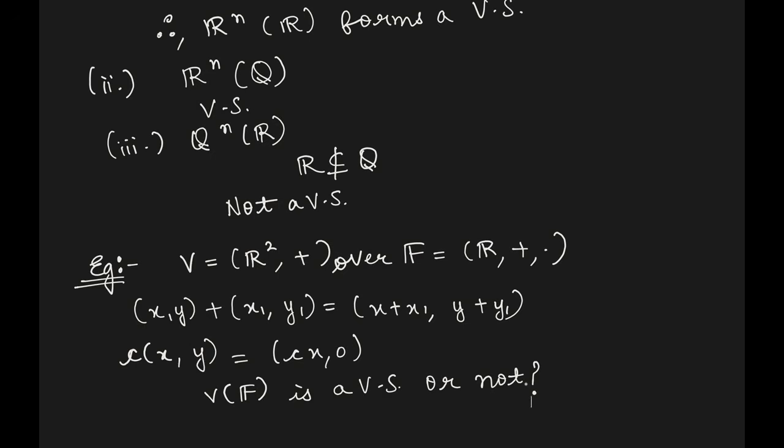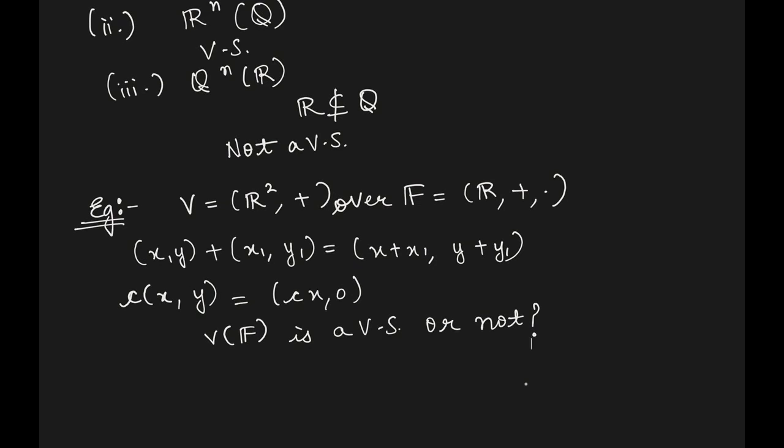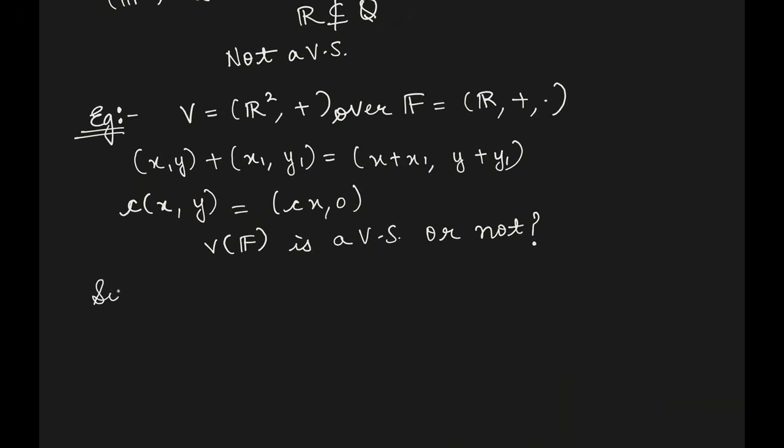So this is a vector space over F. No, it will not be a vector space. So firstly, R square with respect to addition will be an abelian group.